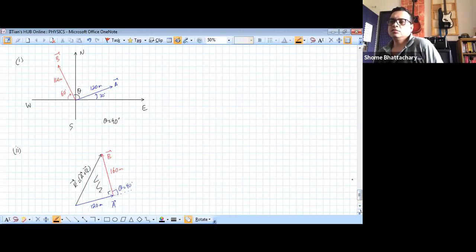Yes, they are equal. Rishad, to answer your question, yes, vector addition is what we call commutative.